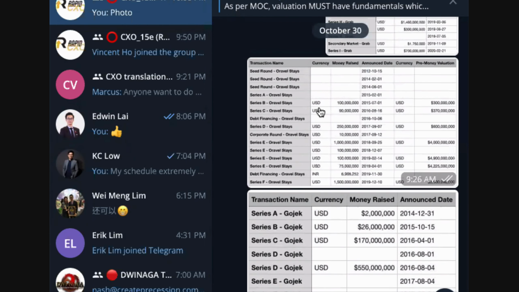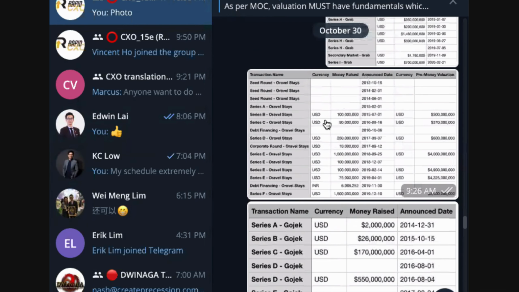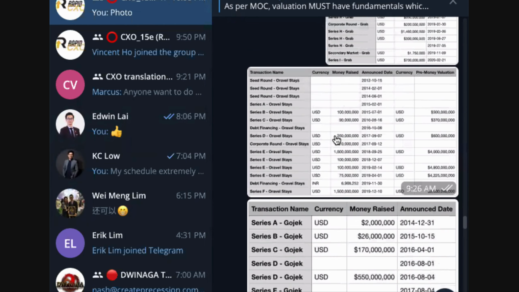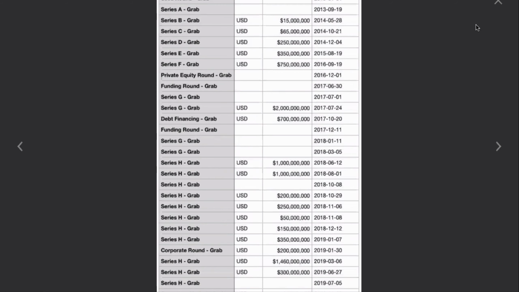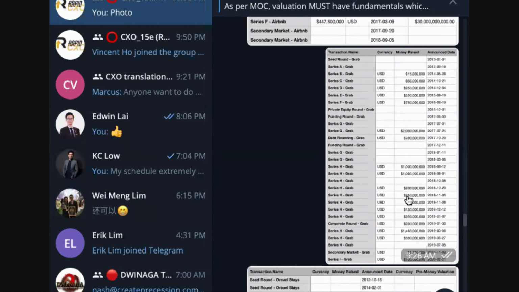For example, this is Oyo, how many rounds did he do? Or this Grab: A, B, C, D, E, F, G, H, 8 rounds. So you go by the number of rounds that you want to distribute.